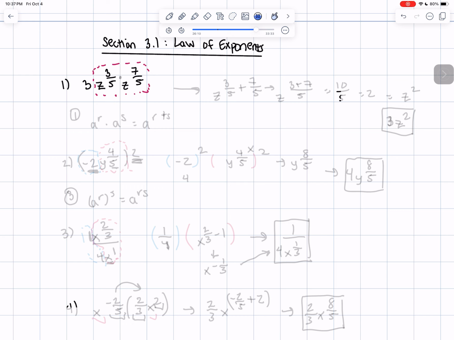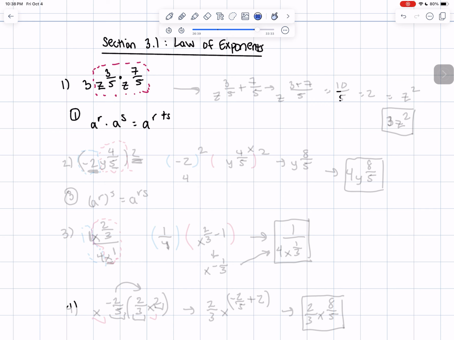And I noticed that I also have to consider that there's multiplication in between these. So if I have multiplication, what do we always get? Well, this means in the exponents, we're going to add them together. So what property is that? That's number 1, and that's a to the r times a to the s equals a to the r plus s.